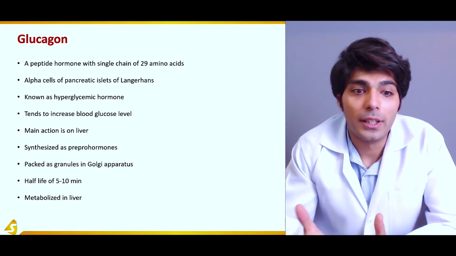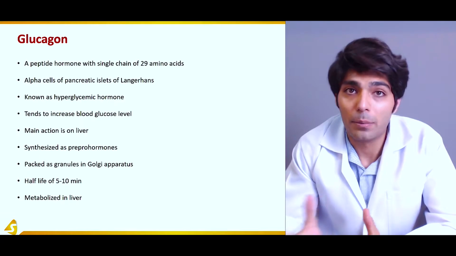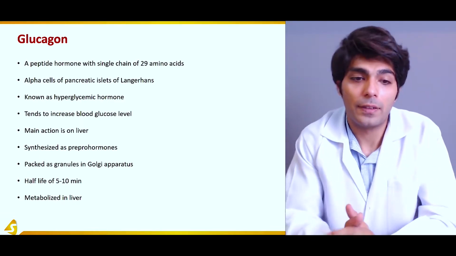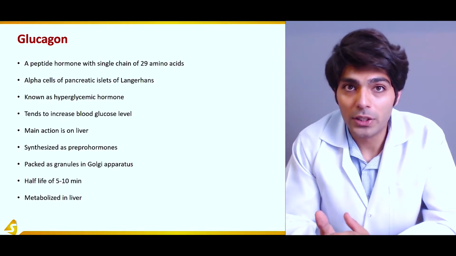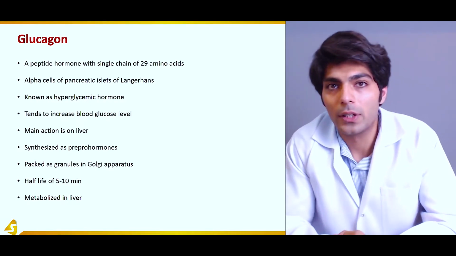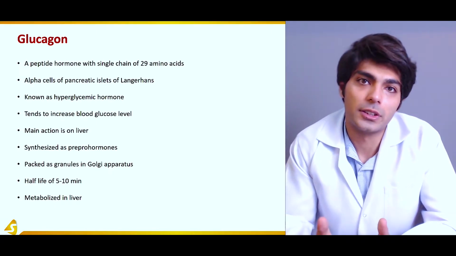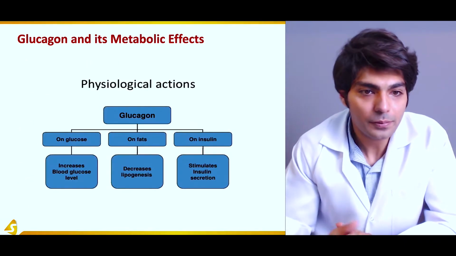Its main action is on the liver. Like insulin, it is synthesized as a pre-prohormone and packed as granules in the Golgi apparatus. Its half-life is 5 to 10 minutes, similar to insulin, and 50% of its metabolism occurs in the liver, while the rest is metabolized in the kidneys.